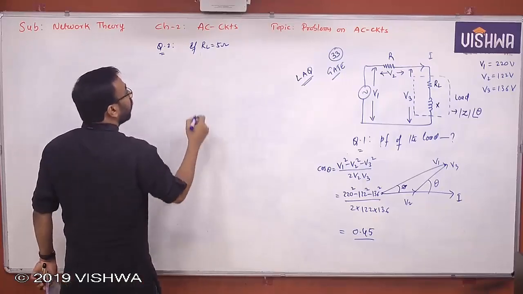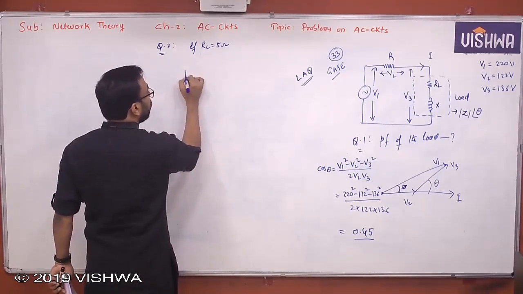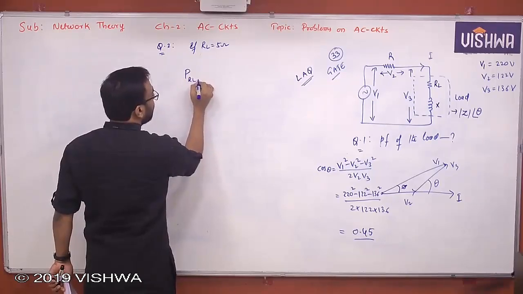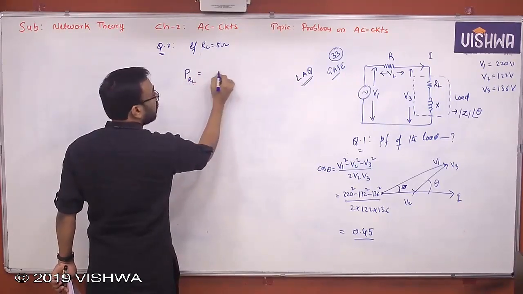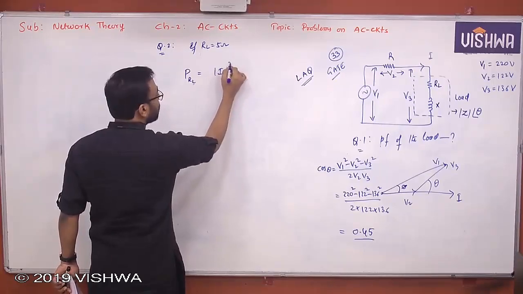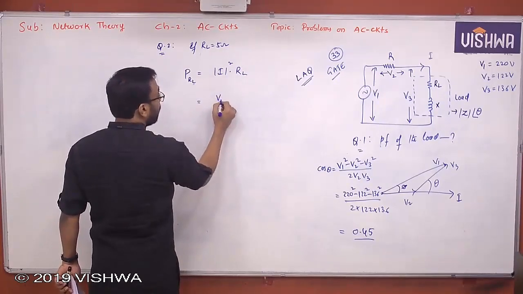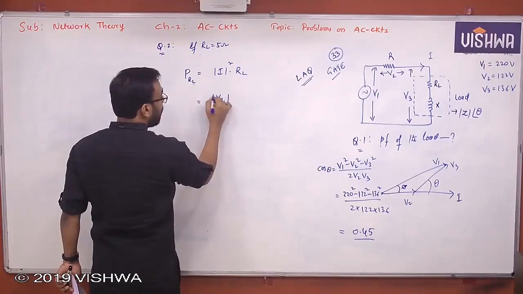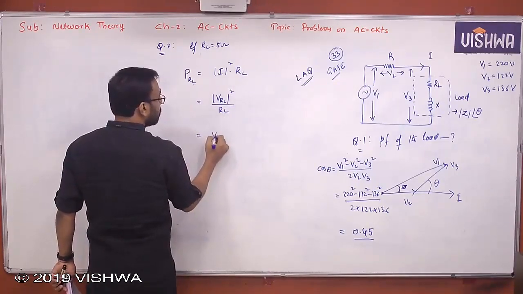Clear? So the power consumed by the resistor, PRL, you have different formulas. Let me use I square into RL. Or V RL square by RL. What else?